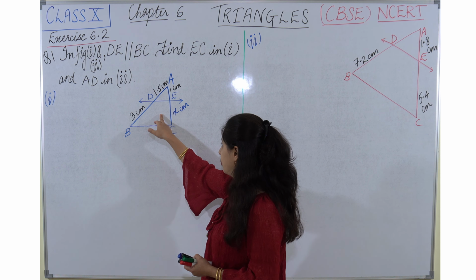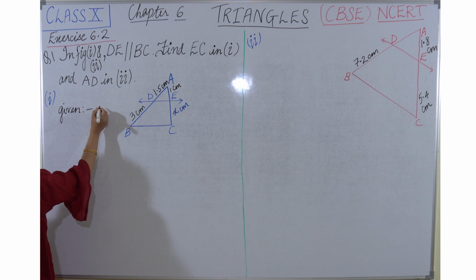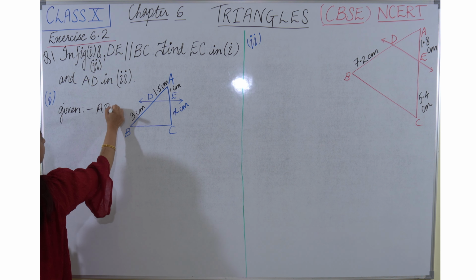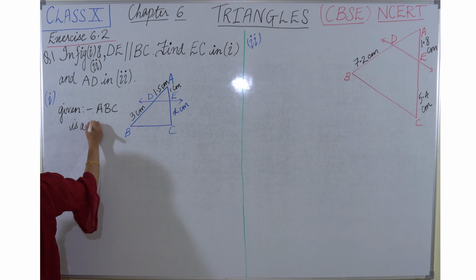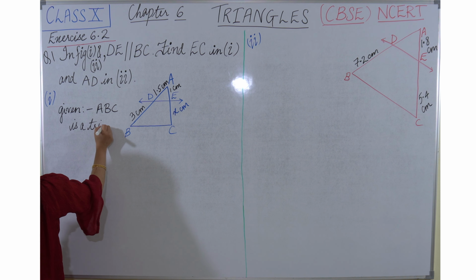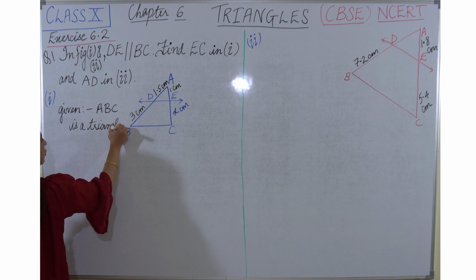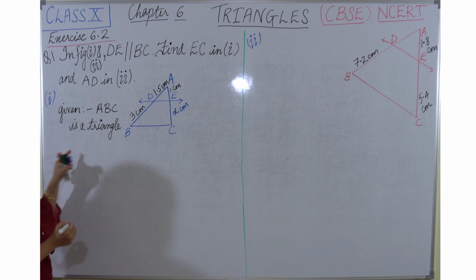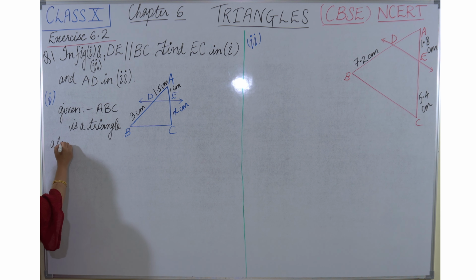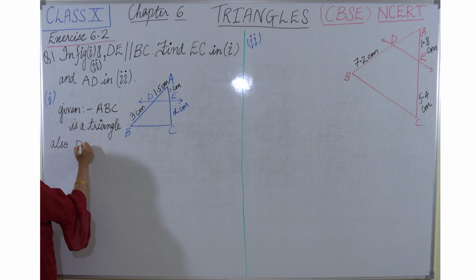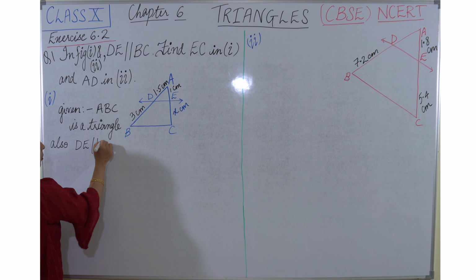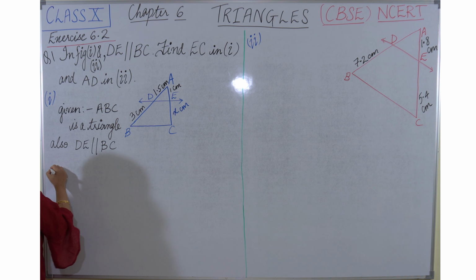Given: ABC is a triangle, also DE is parallel to BC.